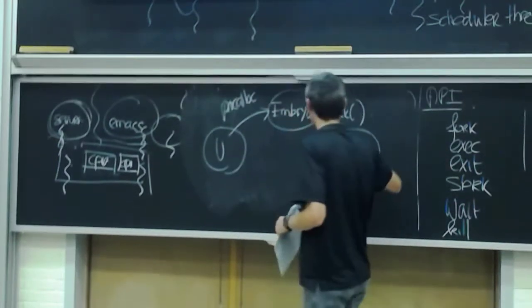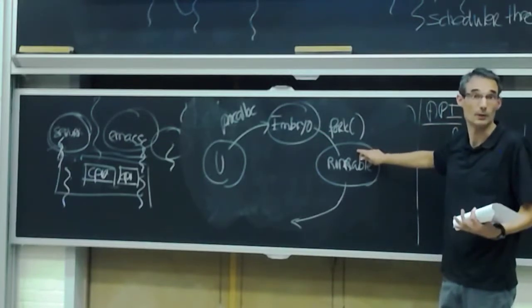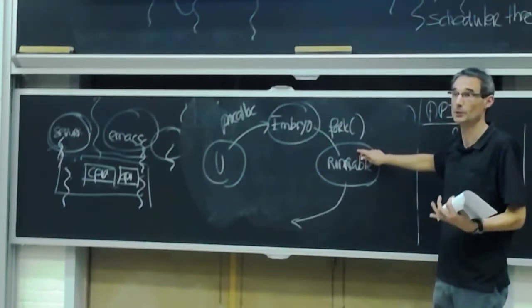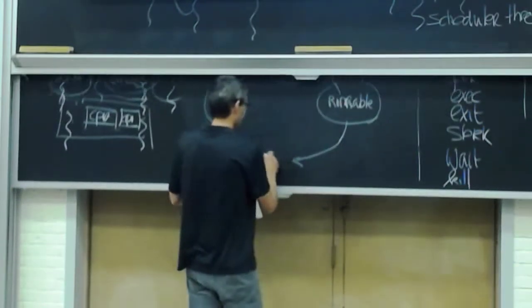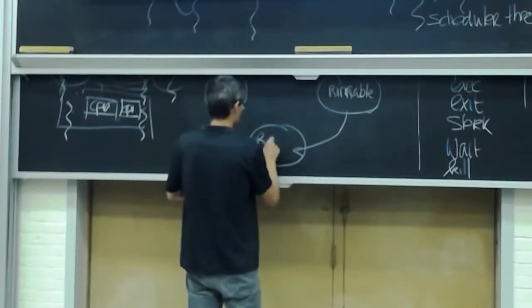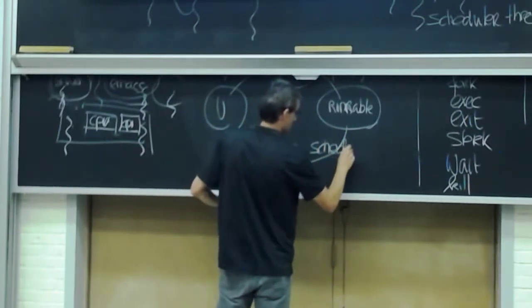Once it's runnable, it means that it's in principle ready to run, but it's not running. So this tells the scheduler, okay, here's a process that I could run. And so the next state it could go to is the state running. And this is the scheduler that does this.